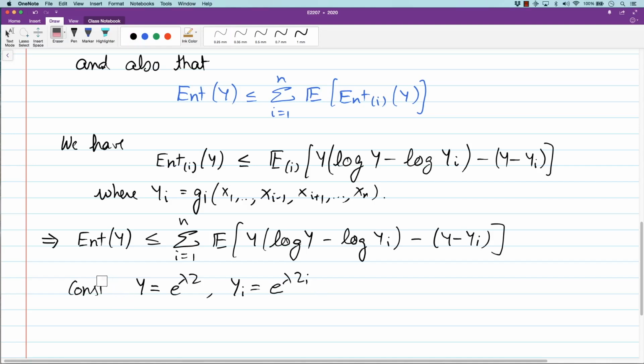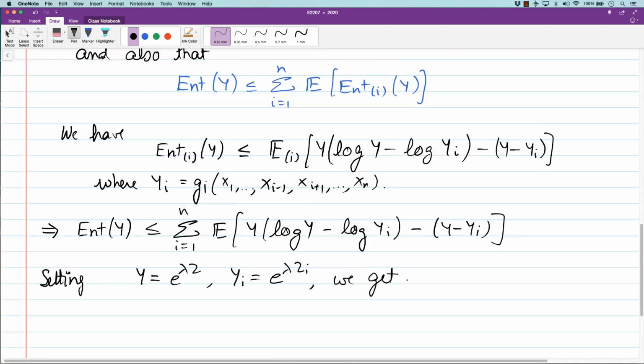Setting these two values, we just substitute.